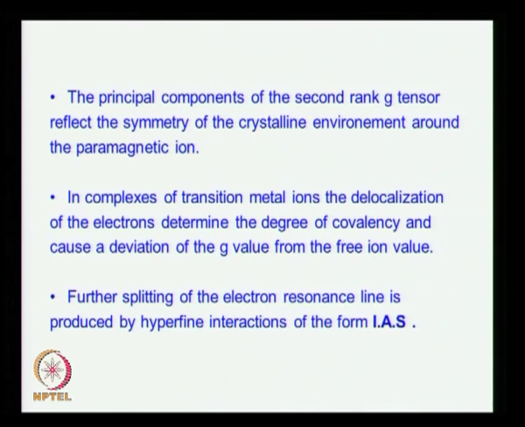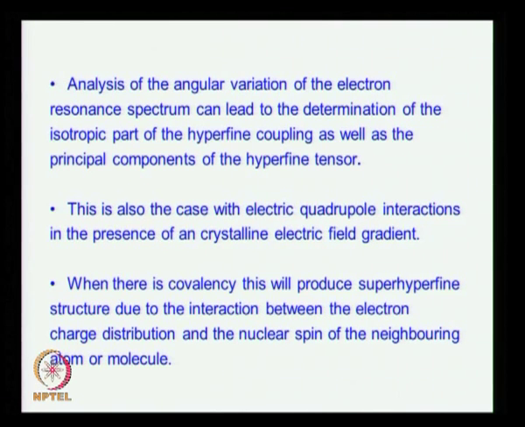In complexes of transition metal ions, we already discussed the delocalization of the electrons and covalency. This delocalization determines the degree of covalency and causes a deviation of the g value from the free ion value. Further splitting of the electron resonance line, as we already discussed, is produced by hyperfine interactions.